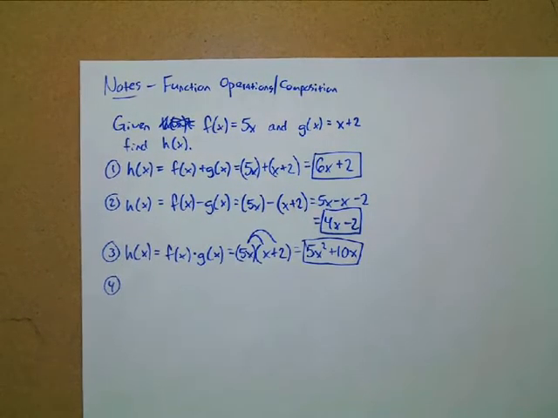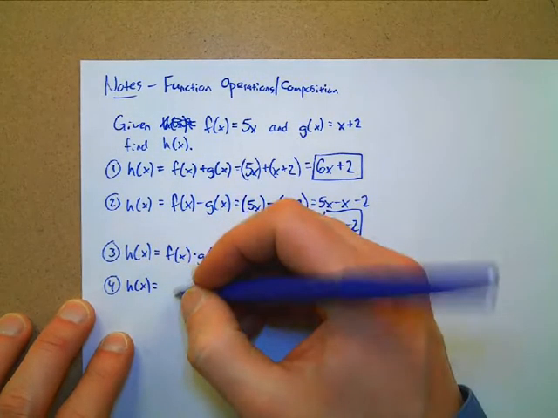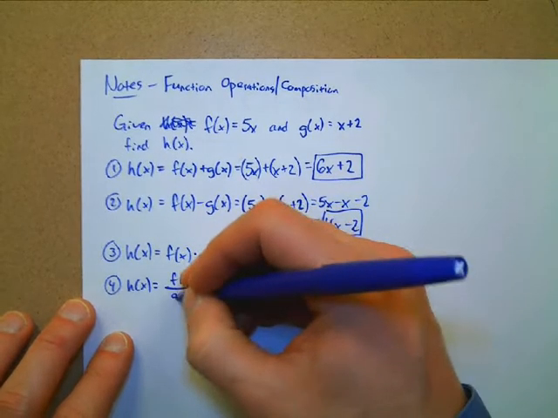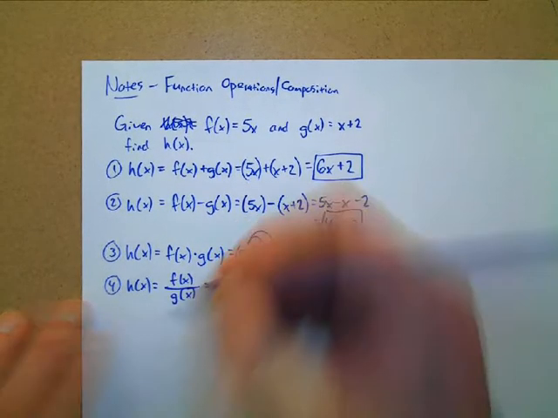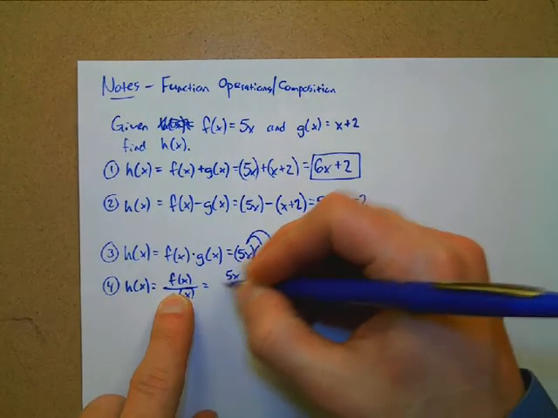Okay. One more we can look at here with this, and I'll have you guys try some. h of x equals f of x divided by g of x. So what would that look like? Well, f of x again is 5x over x plus 2. We haven't talked yet about how to divide these things.